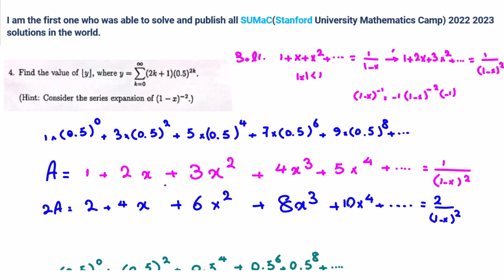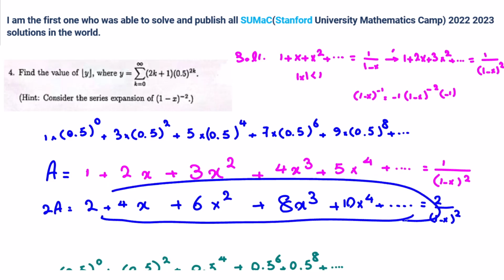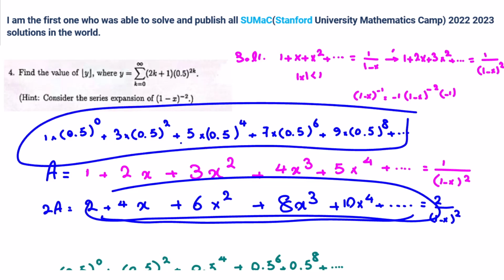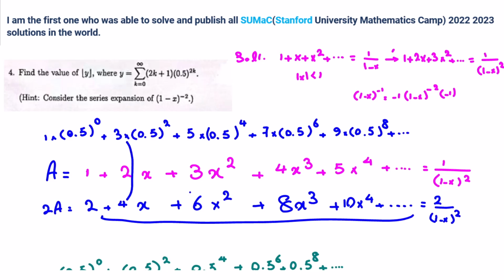Okay, now this one is better than this one because it is more similar to this, right? Because look, now it is 4, 3, 6, 5, 8, 7, right? Okay, try the rest on your own, okay?